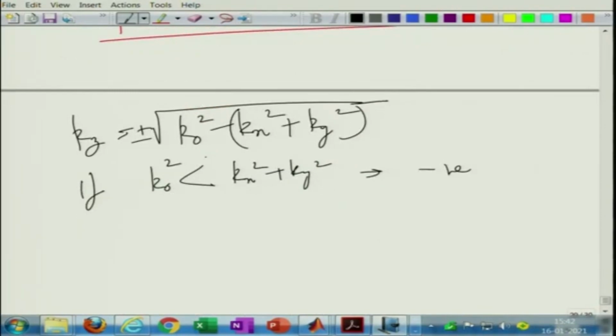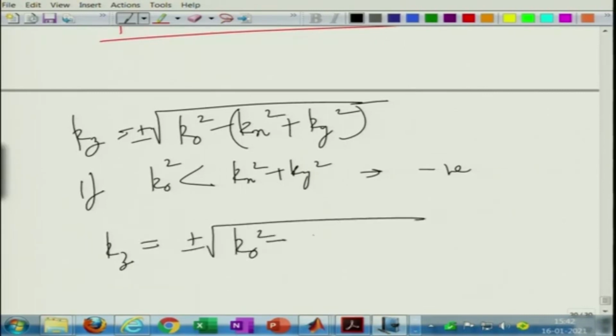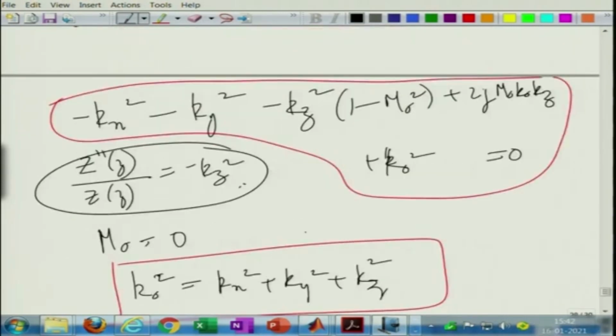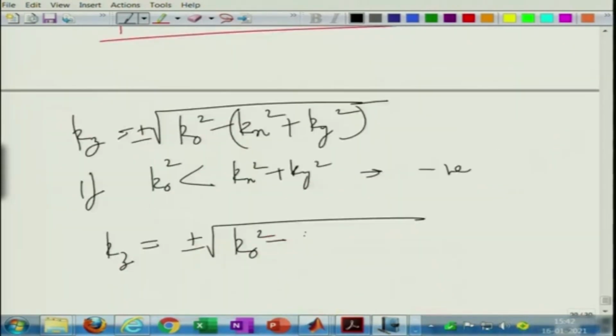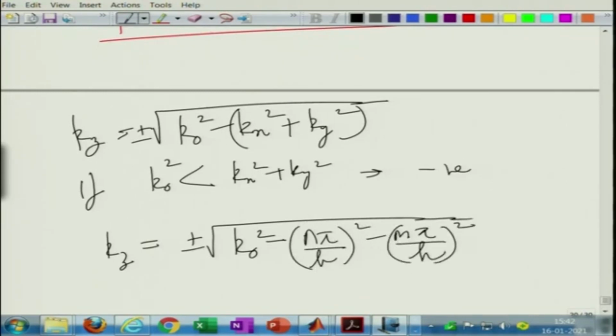In our case, for a rigid wall waveguide, this is of course the case without any mean flow, kz will be equal to, let me just put it, n pi by b and m pi by h. We get kz equal to plus minus root over like this.